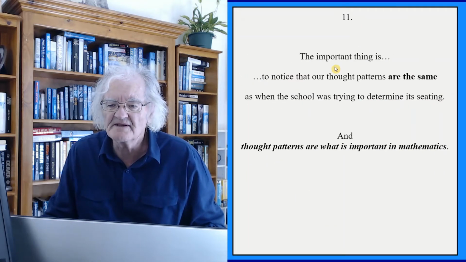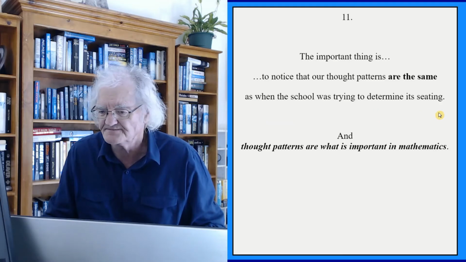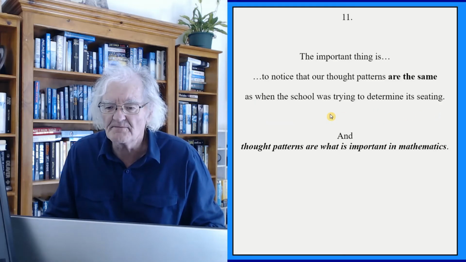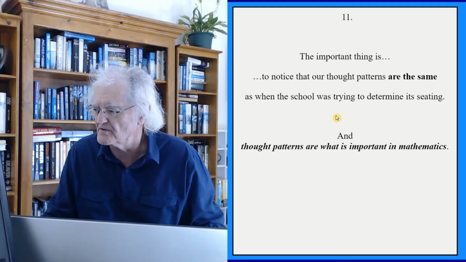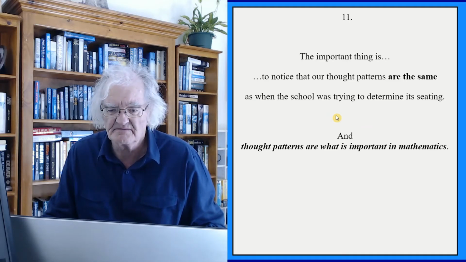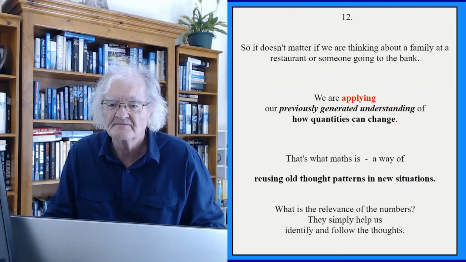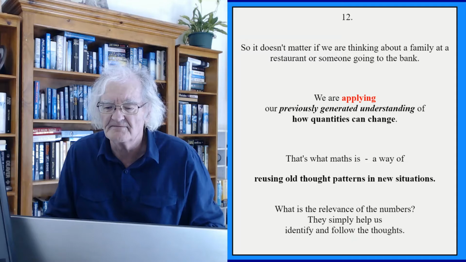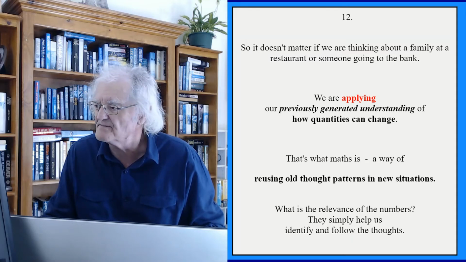The important thing is to notice that our thought patterns are the same as when the school was trying to determine its seating. And thought patterns are what is important in mathematics. So it doesn't matter if we're thinking about a family at a restaurant or someone going to the bank.